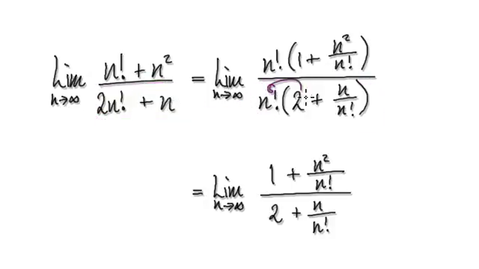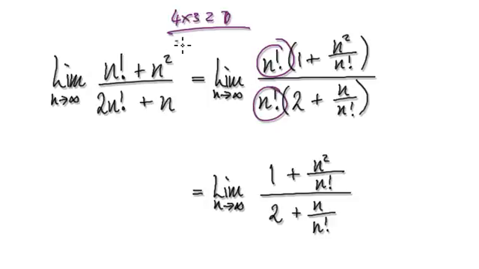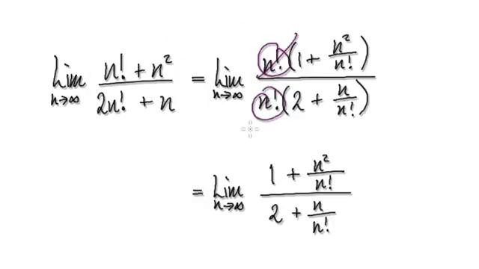So if you multiply this times this times this, it will then give you this. So factorize out the n factorial. And then if you think about it, imagine n to be 4. 4 times 3 times 2 times 1 divided by exactly the same thing here. So you do have the right to just cancel these two out.